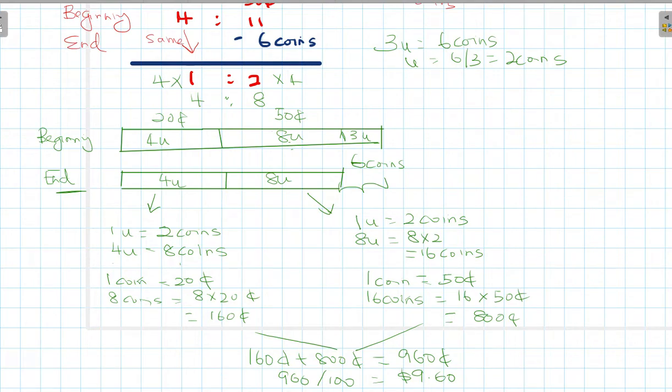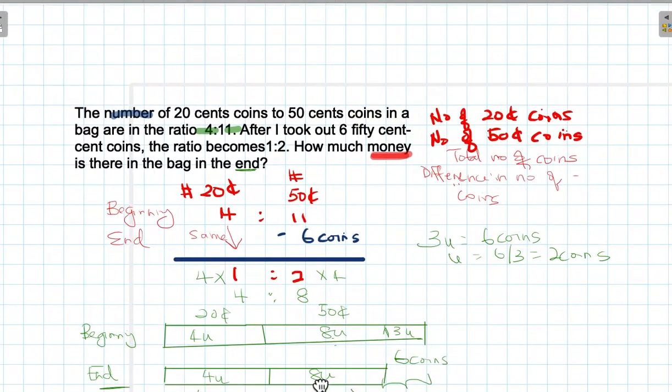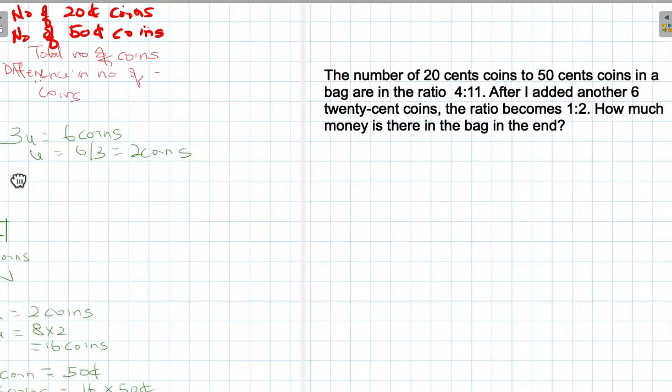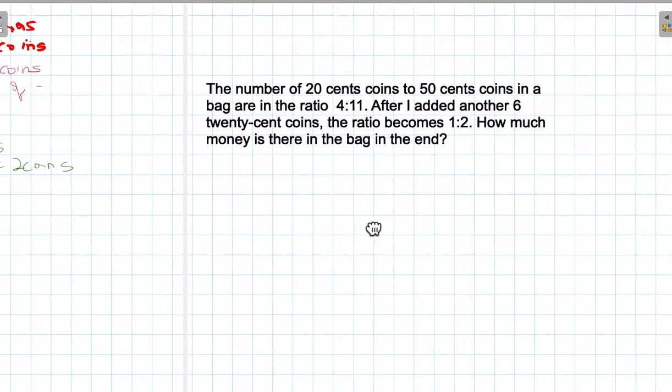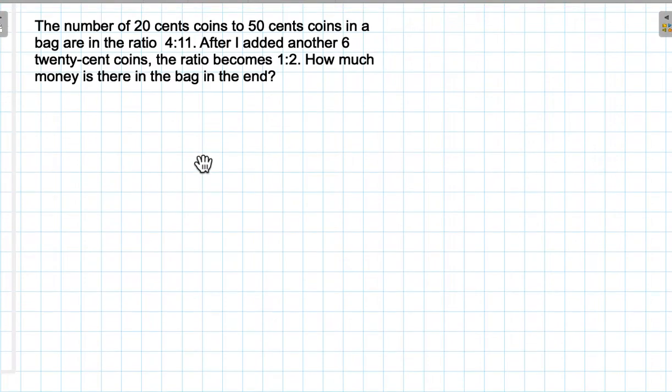Okay, so now I go to the next question. The next question is very similar to this one. I just change a little bit. The number of 20-cent coins to 50-cent coins in the bag have a ratio of 4 to 11.